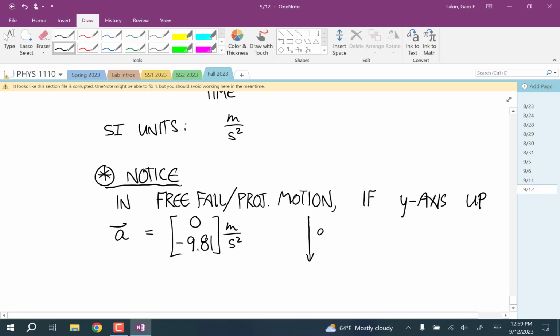And that just means 9.81 meters per second squared, pointing down.